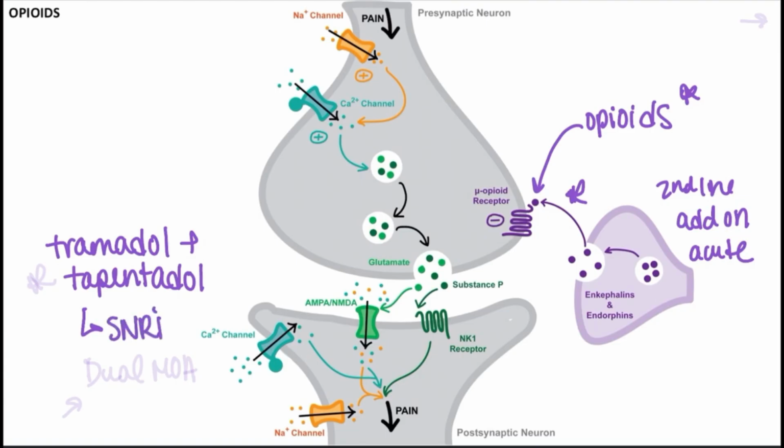So inhibition of those reuptake transporters, so more of a dual mechanism of action. So it is thought that this would be an added bonus in neuropathic pain, and you may still see these agents being used inappropriately. So just be aware that their novel dual mechanism is likely the reason behind their inappropriate use before trying those other first-line agents.